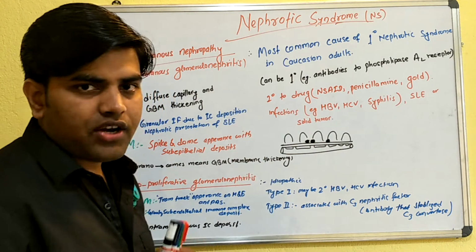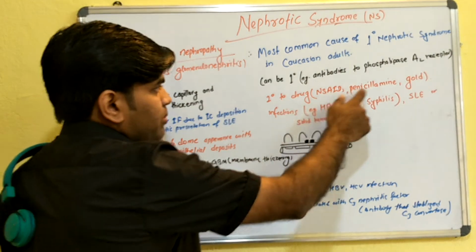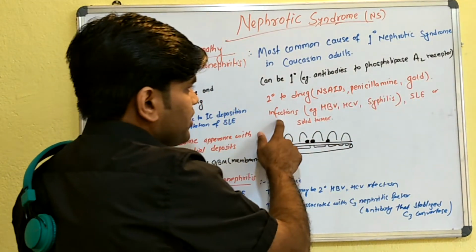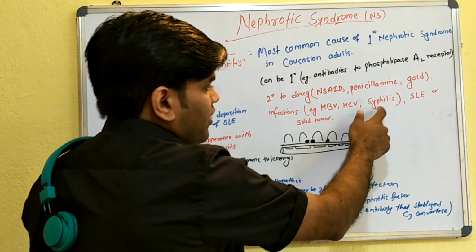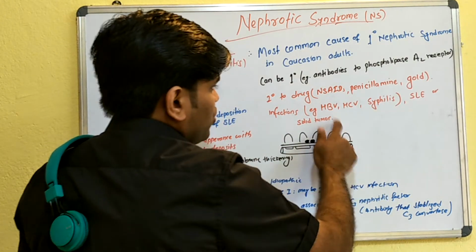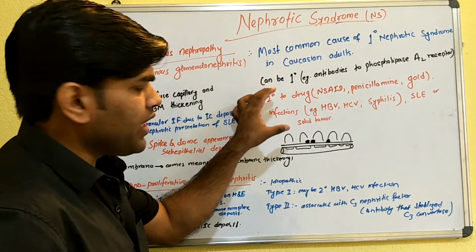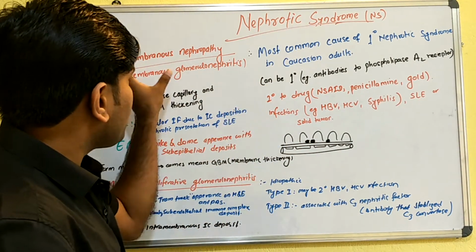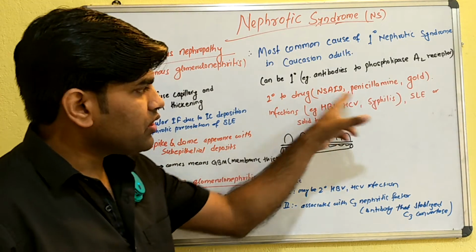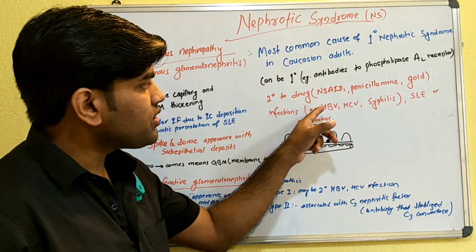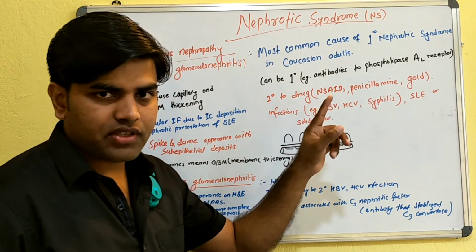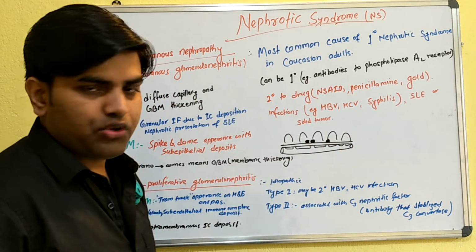The secondary causes are drugs like NSAIDs, penicillamine, and gold; infections like hepatitis B, hepatitis C, and syphilis; SLE; or solid tumors. This is very high yield actually. You have to remember that membranous nephropathy occurs due to drugs, infections like hepatitis B, hepatitis C, and syphilis, and SLE or solid tumors.